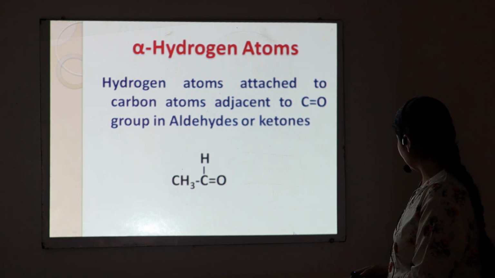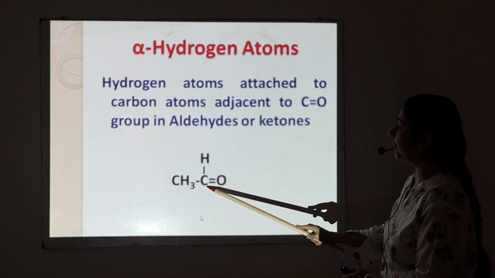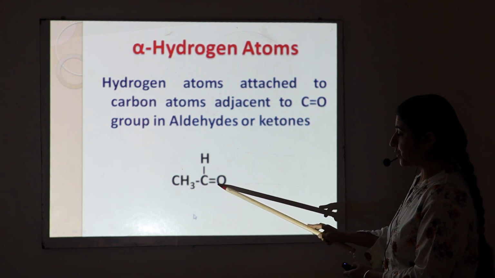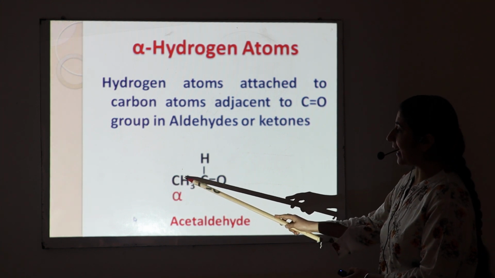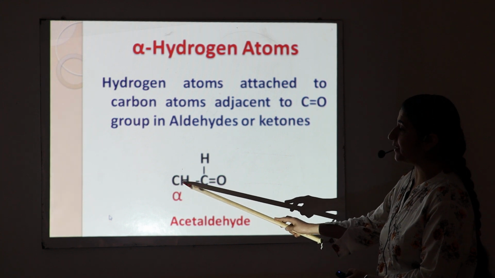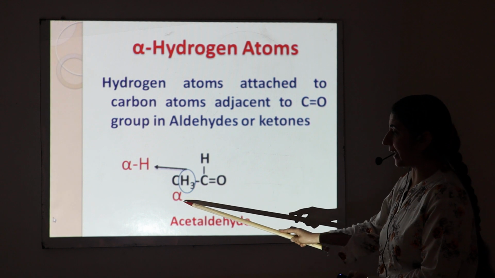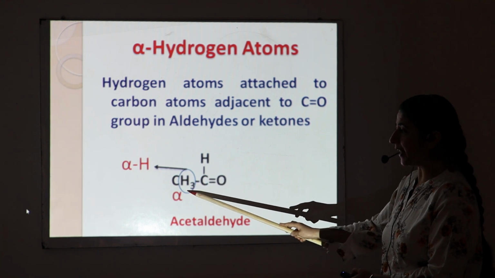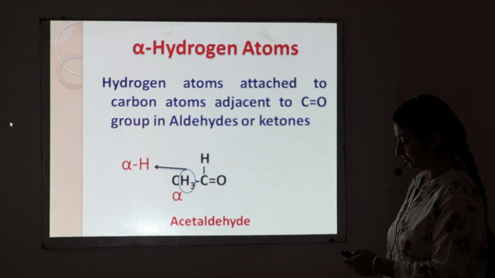In this acetaldehyde, this carbon is attached to the functional group, the carbonyl group. So this carbon is the alpha carbon, and these three hydrogen atoms attached to the alpha carbon atom are known as alpha hydrogens. Those aldehydes containing alpha hydrogen atoms show the aldol condensation reaction.